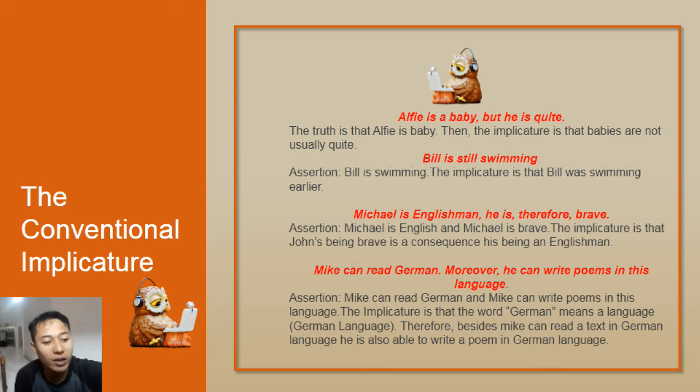The implicature is that the word German means a language, the German language. Therefore, besides reading texts in German, he is also able to read a poem in the German language.